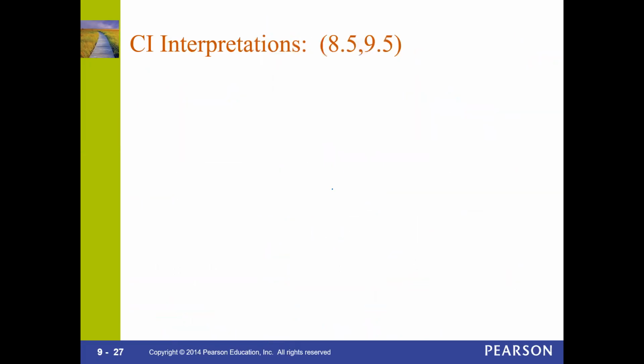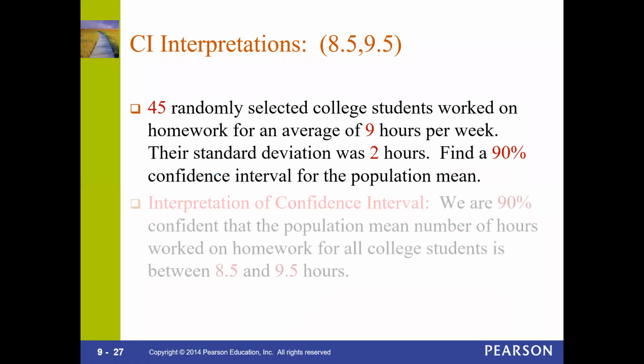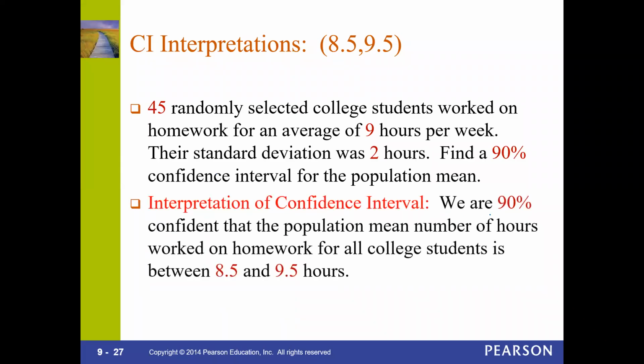So we can try another question the way the book does it. This is the same question here. We say we are 90% confident that the population mean number of hours on homework for all college students is between 8.5 and 9.5.